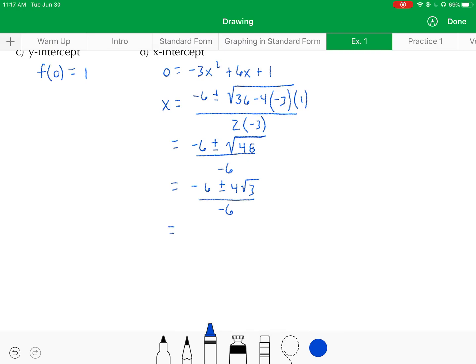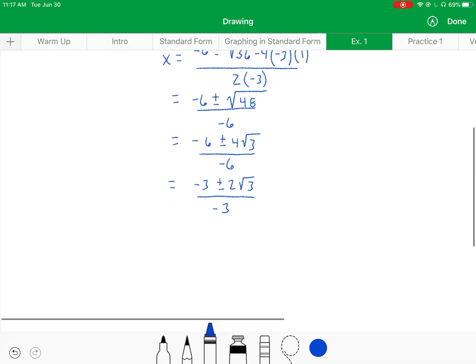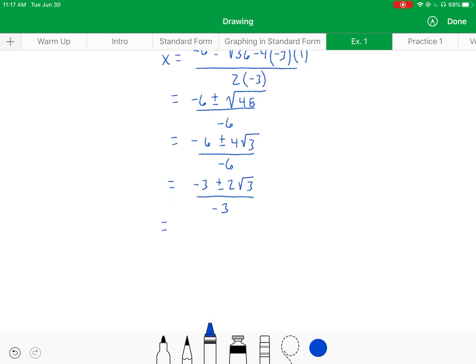So this becomes negative 3 plus or minus 2 radical 3 over negative 3. You can leave it like that, or technically, since we have negative 3 both in the numerator and the denominator, we can wipe out the negative and make this 3 plus or minus 2 radical 3 over 3. There are two numbers there because of the plus or minus. Those would be the exact values of our x-intercepts.